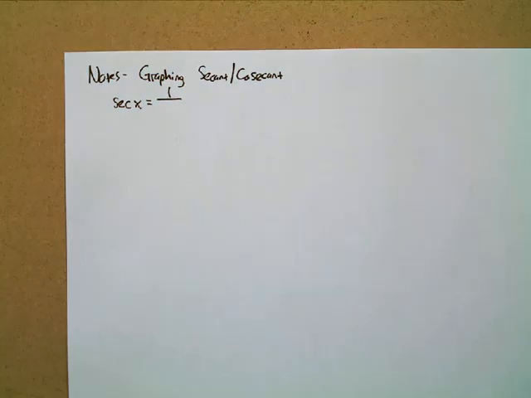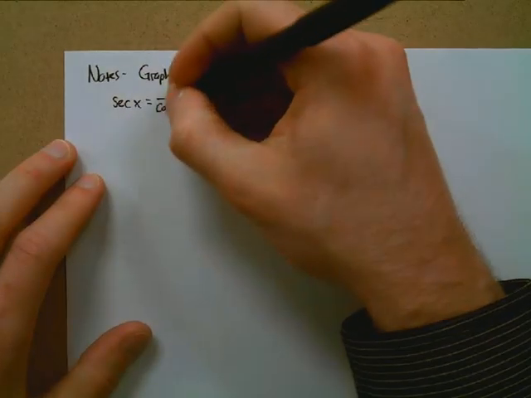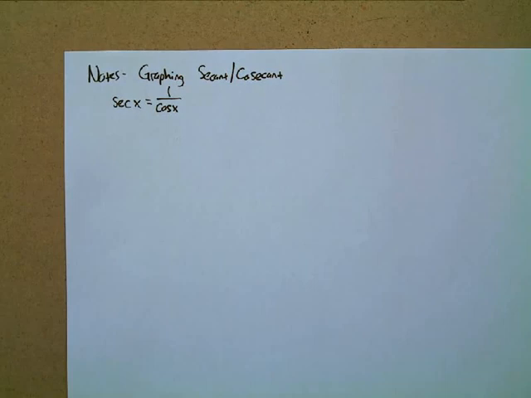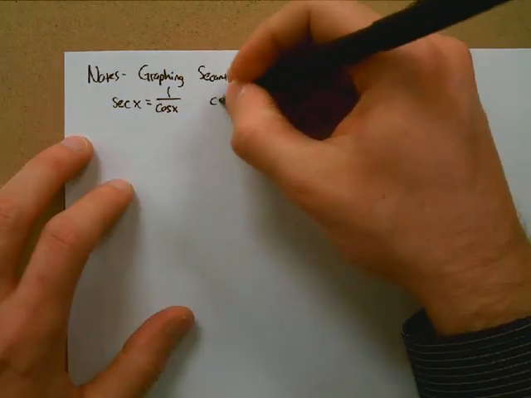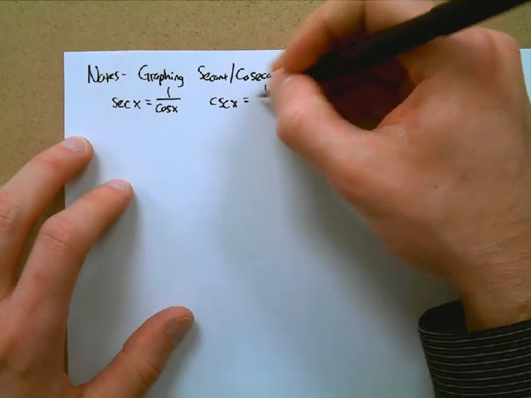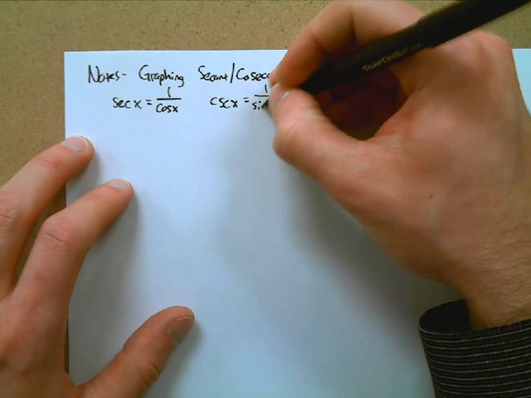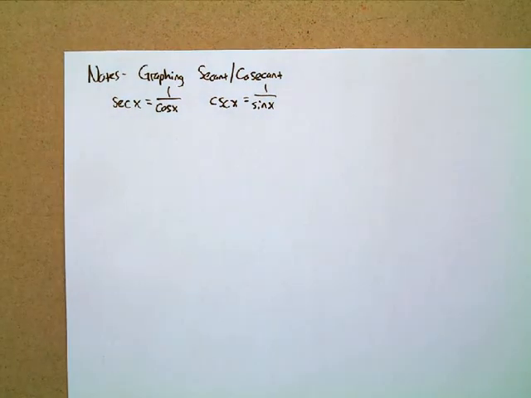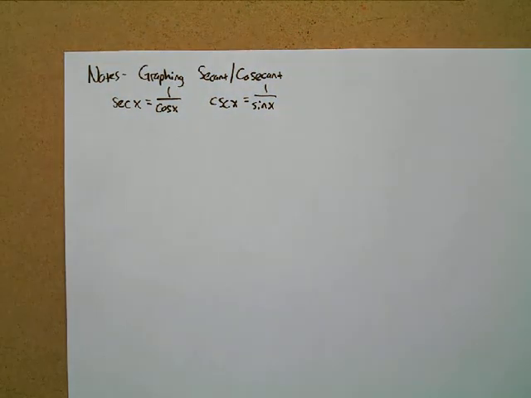Cosine. Very good. And therefore, the cosecant of x is equal to 1 over sine of x. That is going to be crucial to our understanding of how to graph these things.